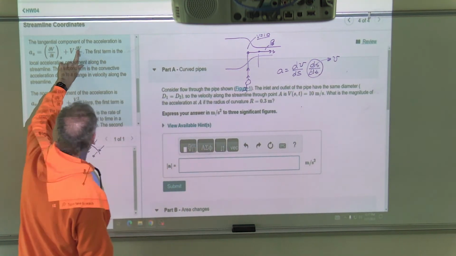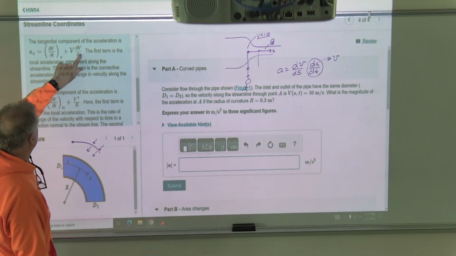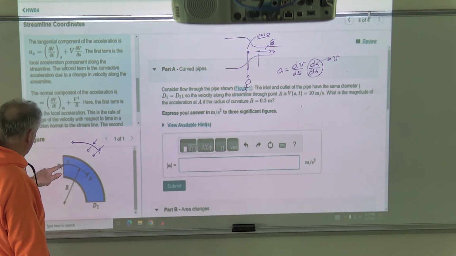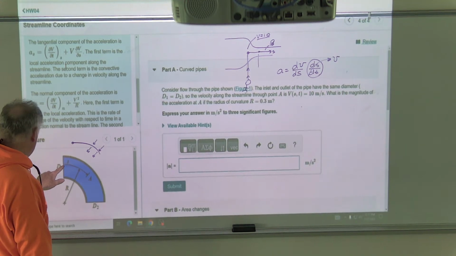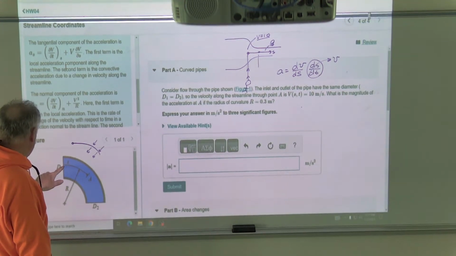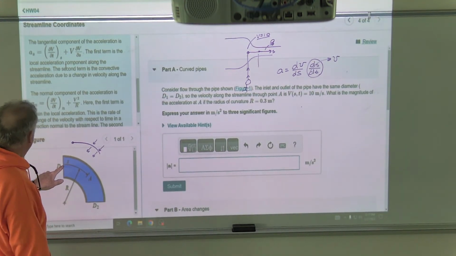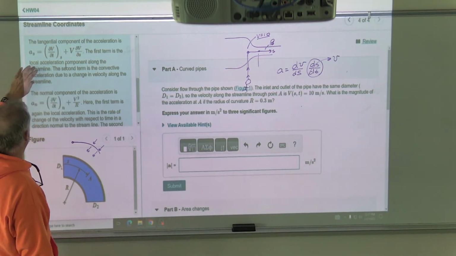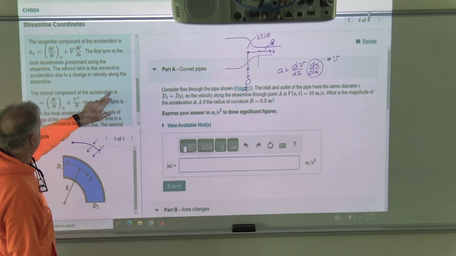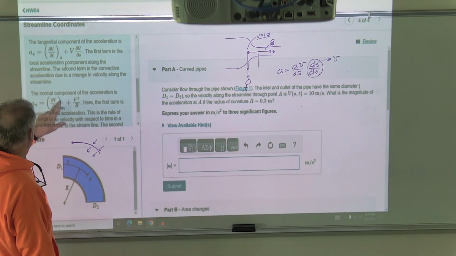You don't have velocity as a function of time. You have velocity as a function of where you are on that streamline. So you're technically in fluid. You stare at a point and you say, I want to know the velocity there and the acceleration. So you have this term, change in velocity with respect to time. Okay, so then you go down. The normal component of the acceleration is this change in velocity.